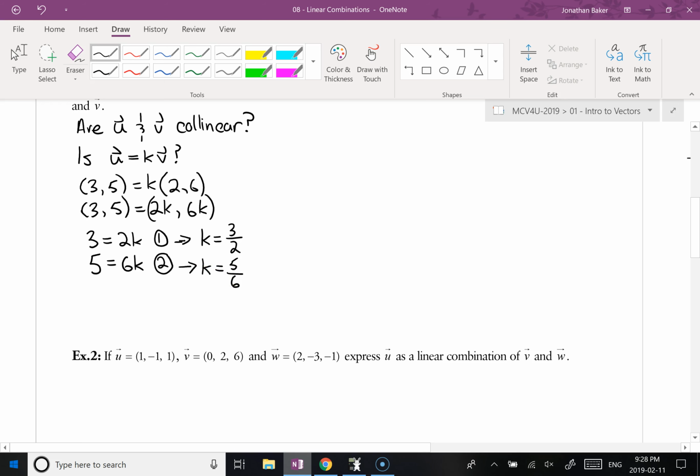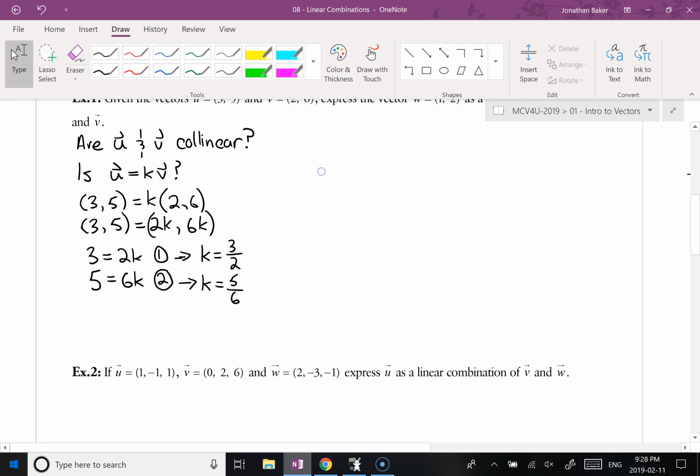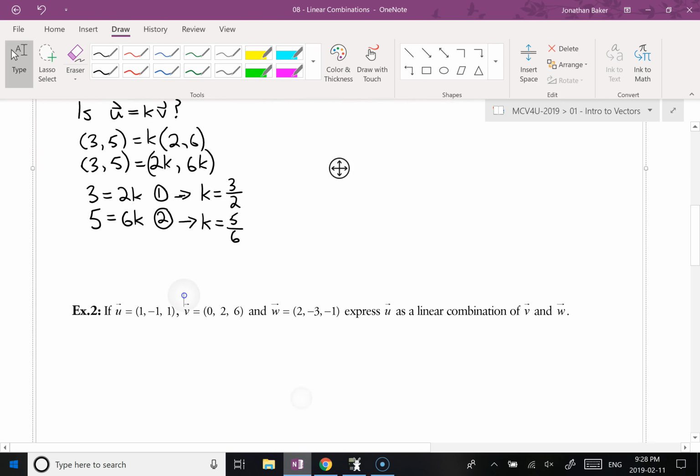Because these k's are different, these two vectors are not collinear, because there is no multiple of v that could equal u. Okay? So we can write not collinear.